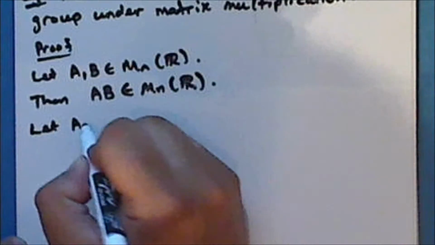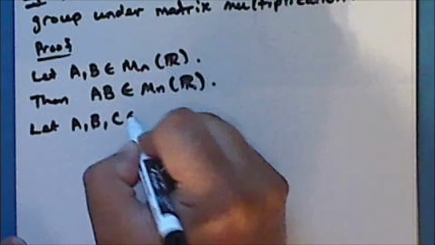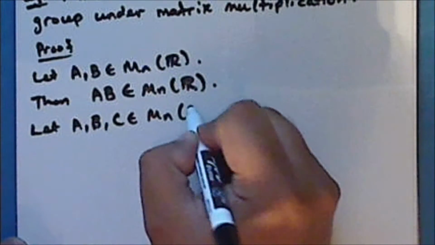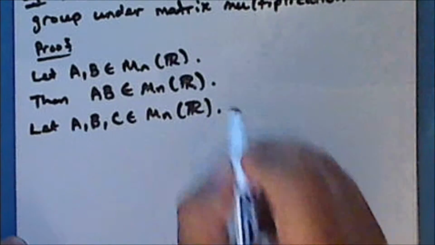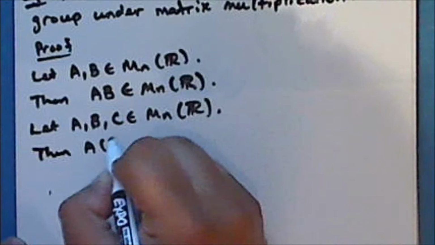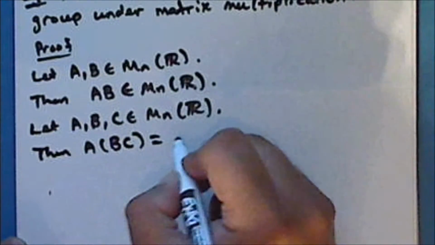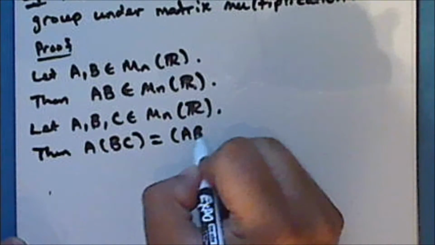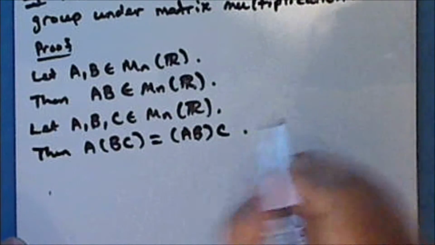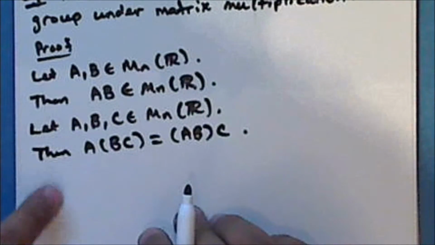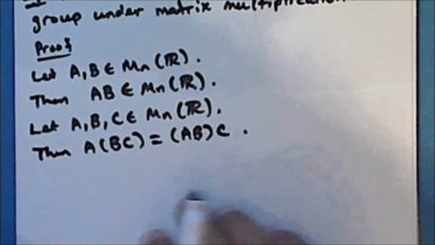Now let A, B, and C be 3 square matrices of order n with real entries. Then the product A times the quantity B times C is the same as the quantity A times B times the matrix C, since for any 3 conformal matrices the product is associative.